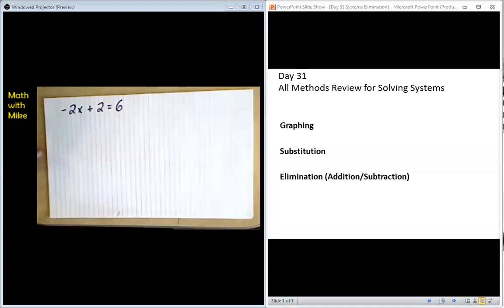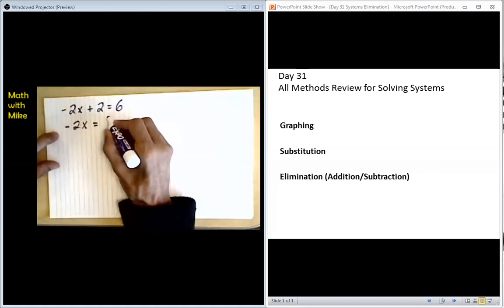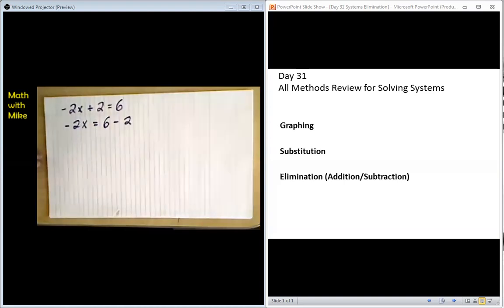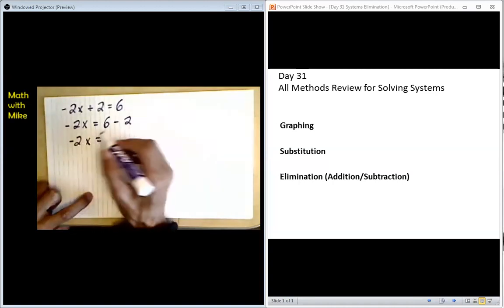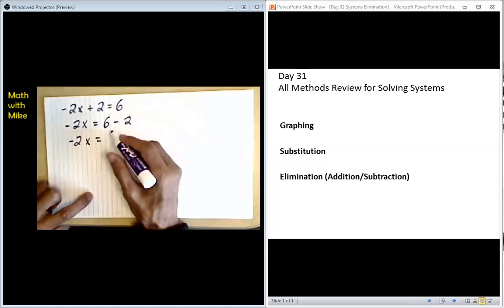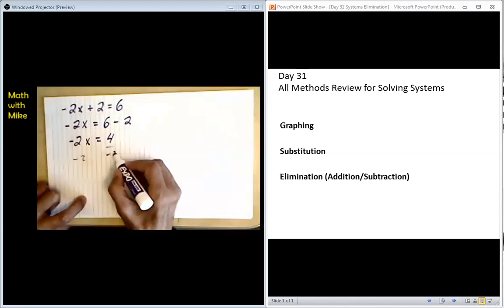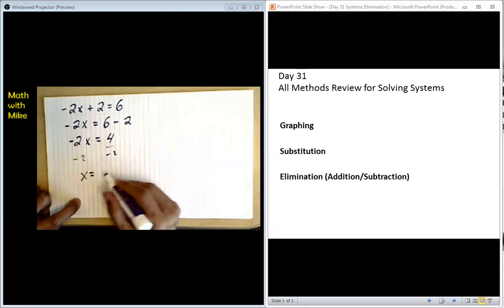Yeah, we'll move the 2. So we get minus 2x is equal to 6 minus 2. What do we get on the right-hand side? Yep, 6 minus 2, 4. Divide both sides now by minus 2. x is going to equal what? Minus 2 when you work that out.